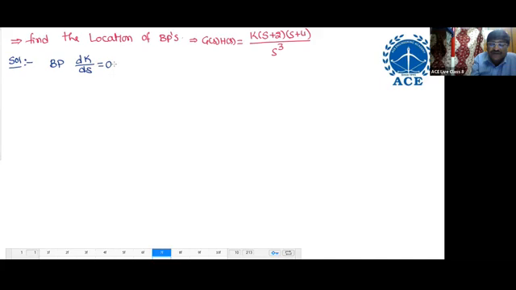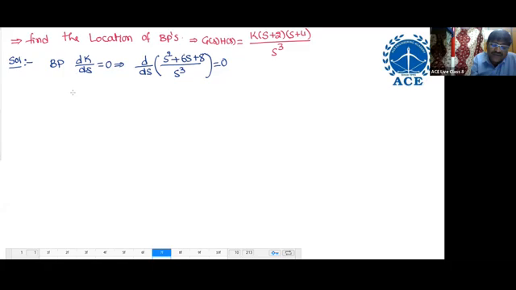dK/ds equals 0. d/ds of (s square plus 6s plus 8) by s cube equals 0. Come on, tell the break points. So what will you get?